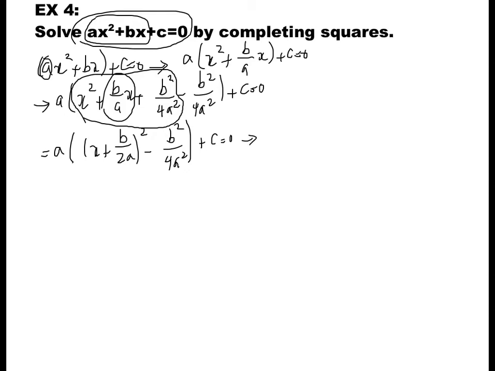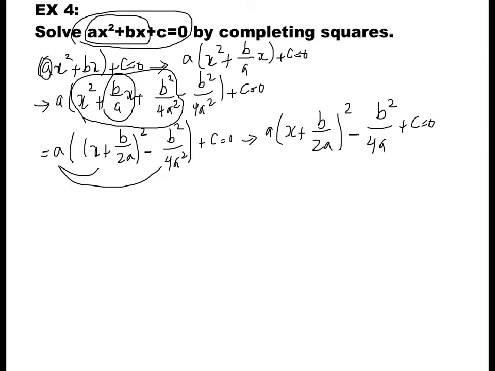Now, if I expand this bracket, I get a times (x plus b over 2a) squared minus a times b squared over 4a squared, which is going to give me b squared over 4a, plus c is equal to 0.